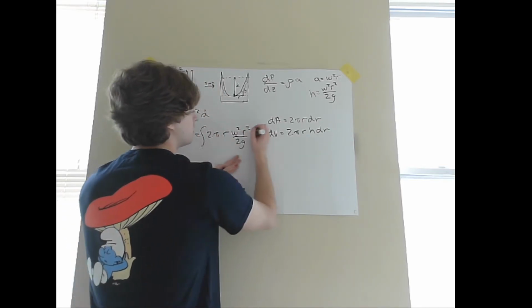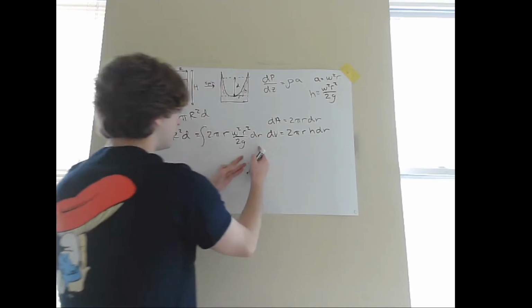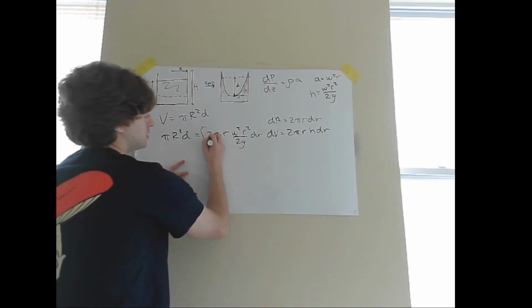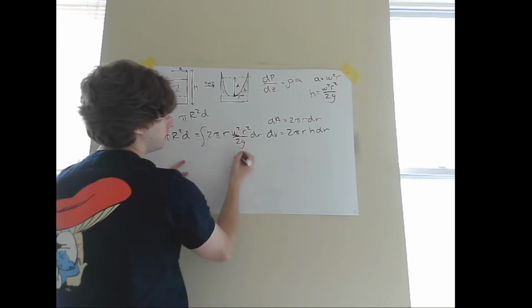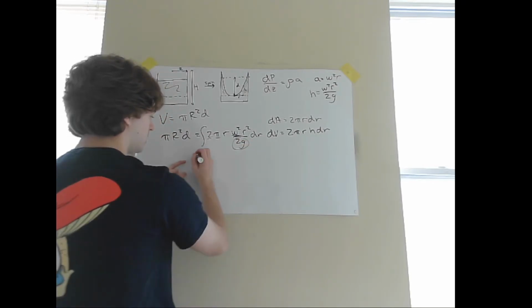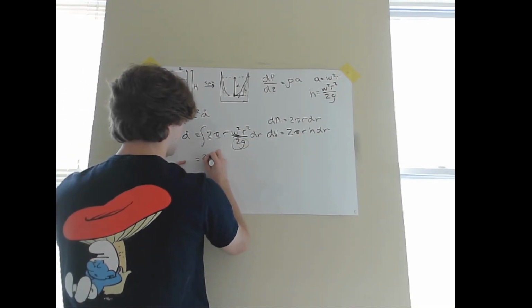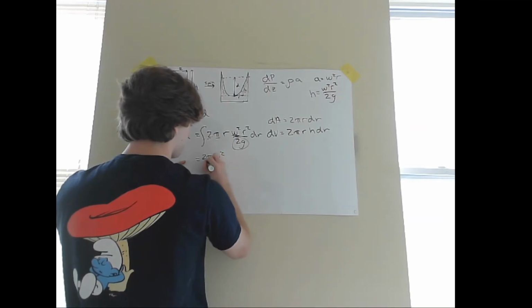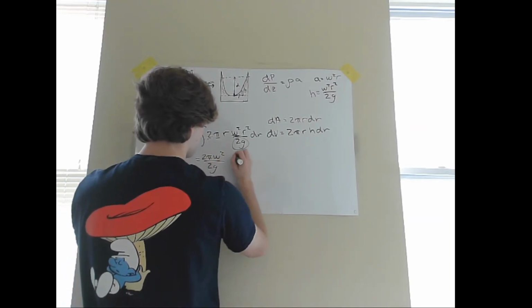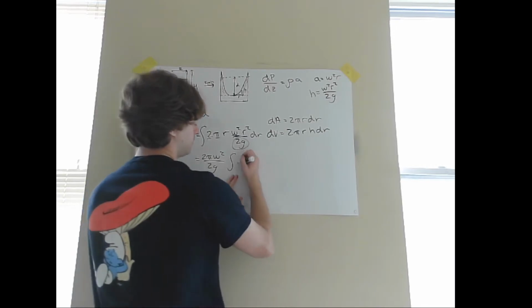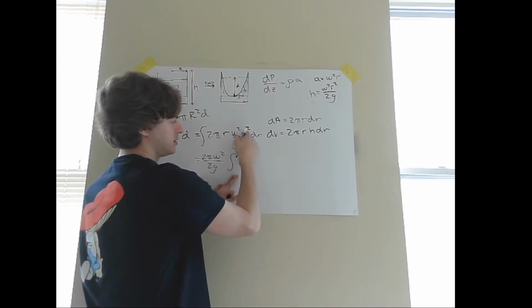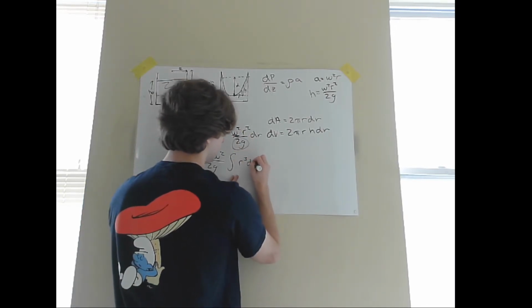And we need to integrate this with respect to dr. So now we can pull out our constants, which is this 2 pi, omega, and 2g. And then left in our integral is just r times r squared, which is r cubed dr.